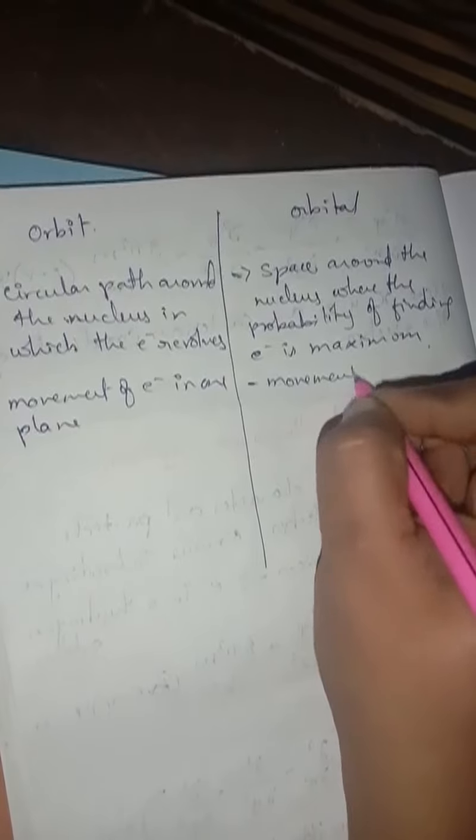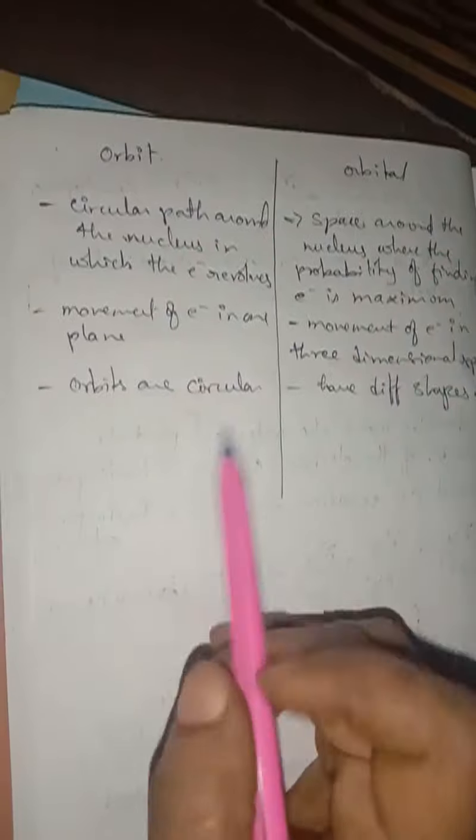An orbital represents the movement of an electron in three-dimensional space. Understand, children?